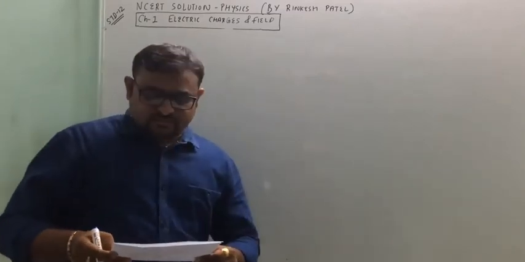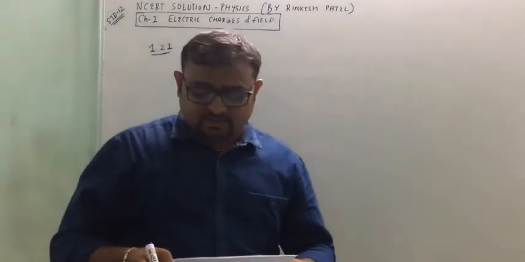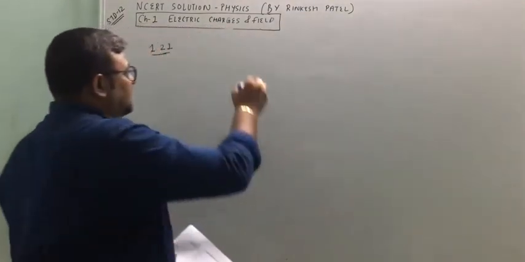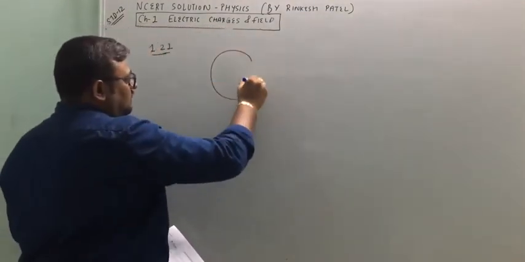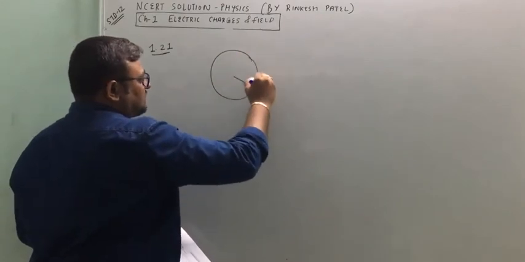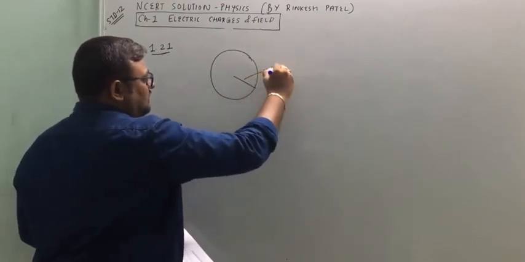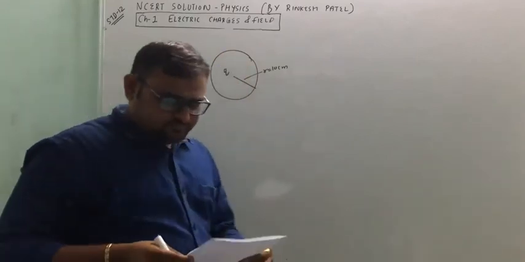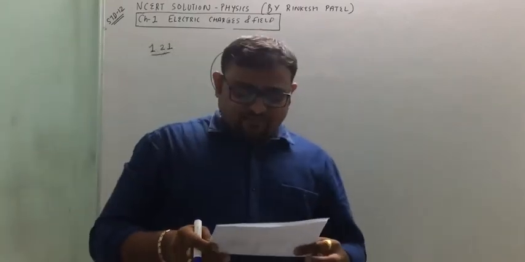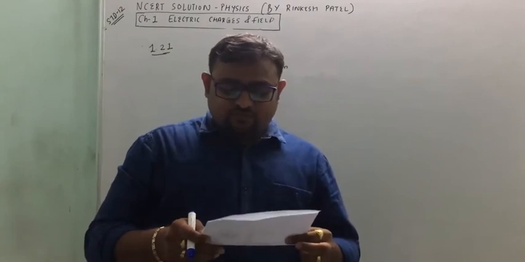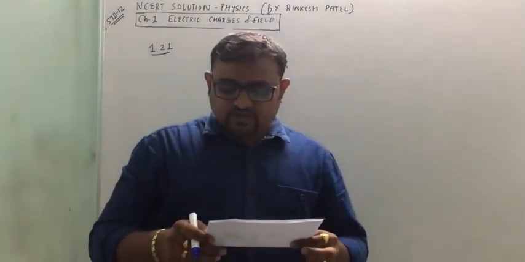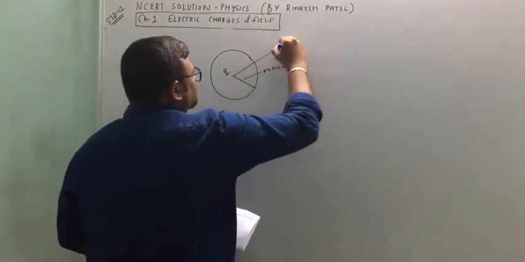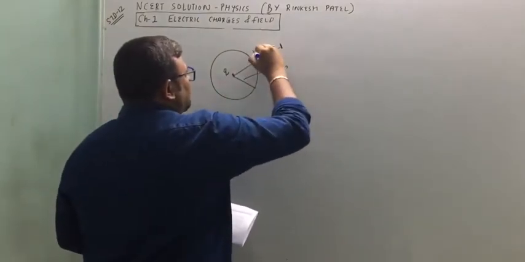A conducting sphere of radius 10 centimeter has unknown charge. Means there is a sphere whose radius is 10 centimeter and this is having some unknown charge Q. If the electric field 20 centimeter from the center of the sphere is 1.5 into 10 raised to 3, means let's take this 20 centimeter.